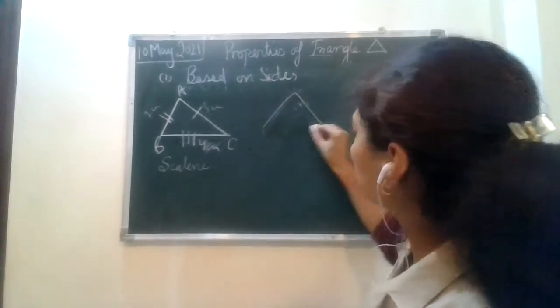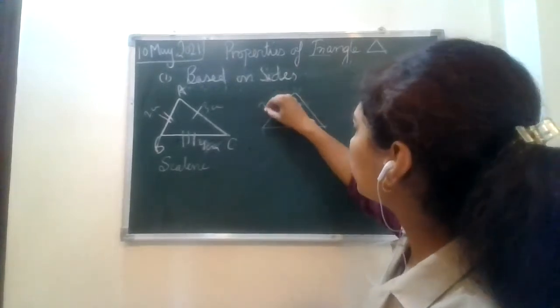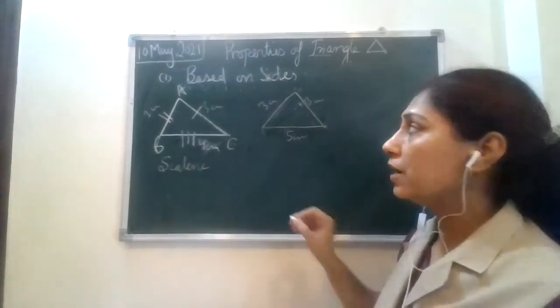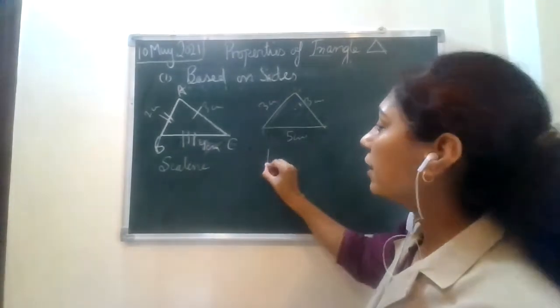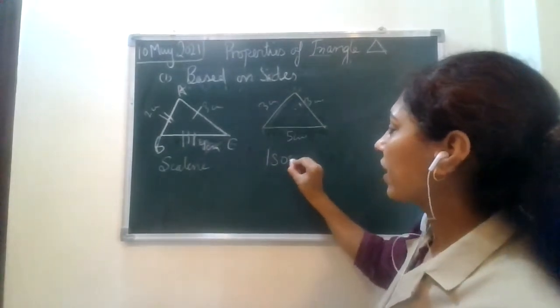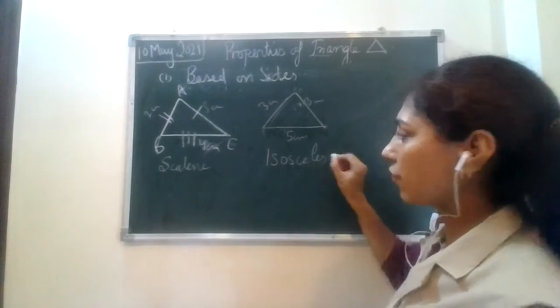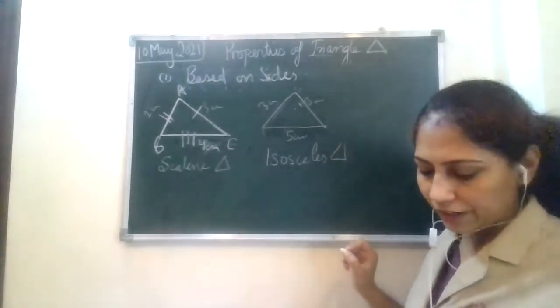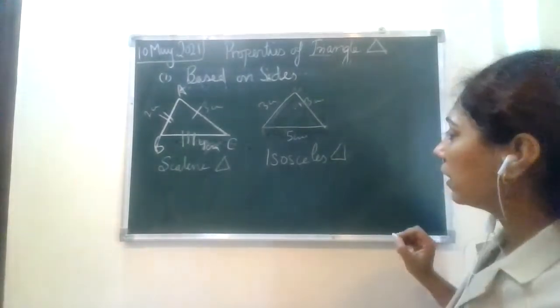This is 3 centimeter, this is 3 centimeter, this is 5 centimeter. Then this is called your isosceles triangle. This is scalene triangle, this is isosceles triangle.